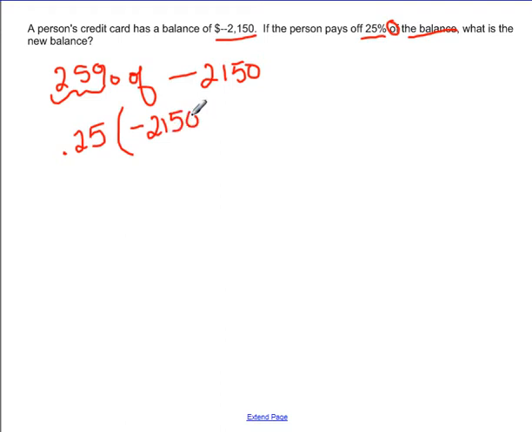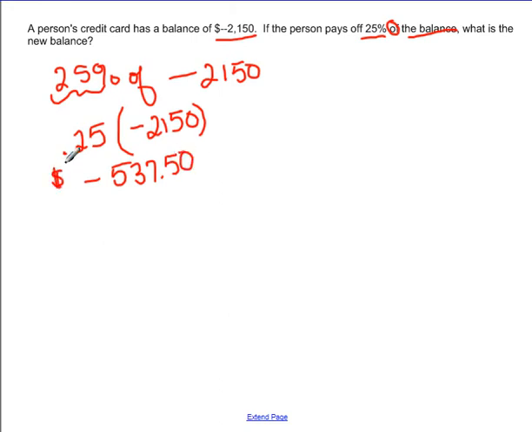Now you can work this out by hand if you want, or you could work it out on your calculator if that's okay with your teacher. And either way you do that, when you do the multiplication, what you'll end up with is negative, right, because a positive times a negative is a negative, negative $537.50.